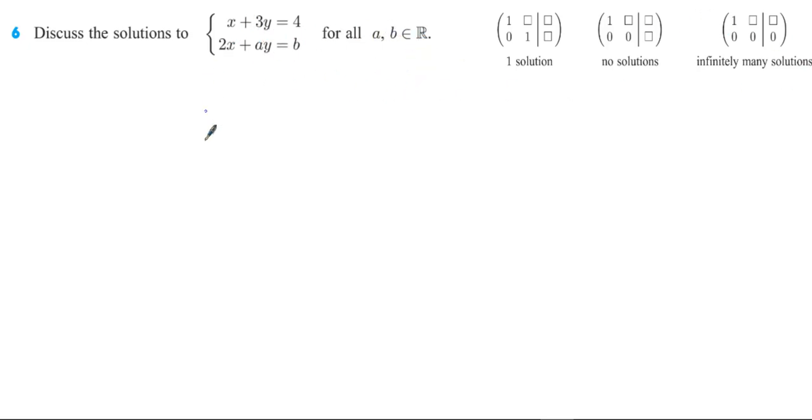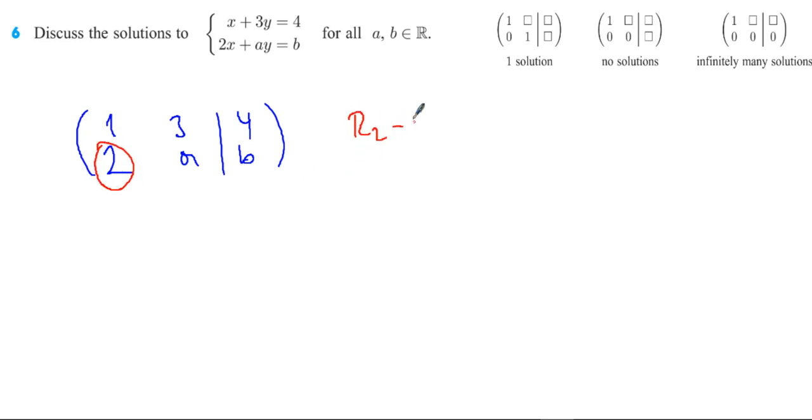Let's convert into the matrix. It will be 1, 3, 4, 2, a and b. Right, so here what do we need to do? We need to make this part 0. So row 2 minus 2 times row 1. I just multiply by 2 and place it in row 2.